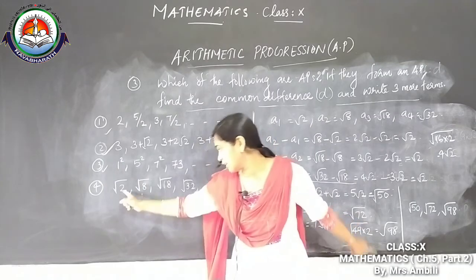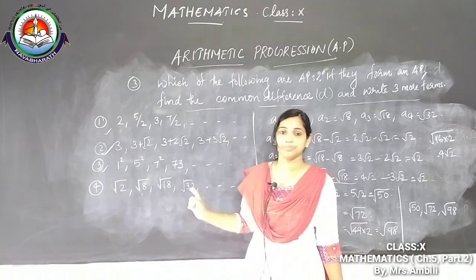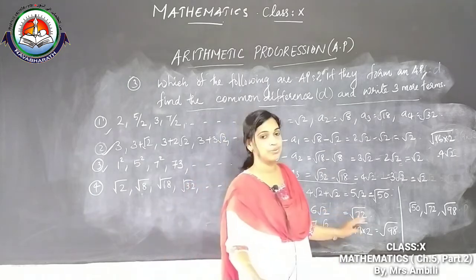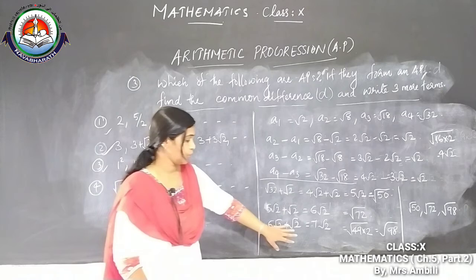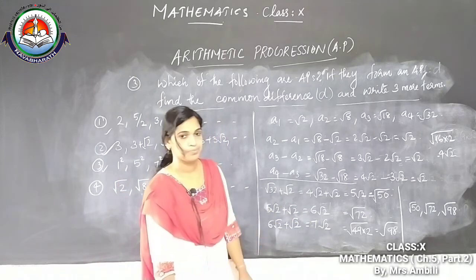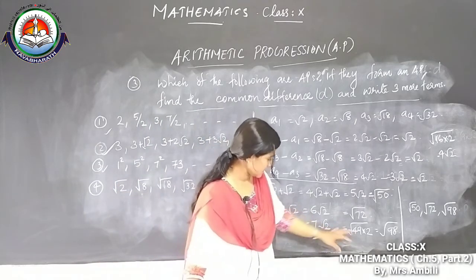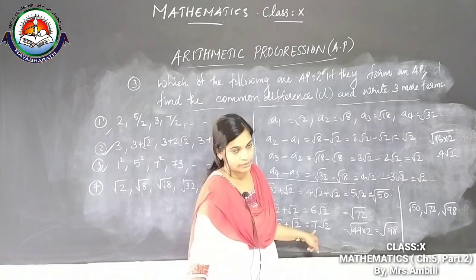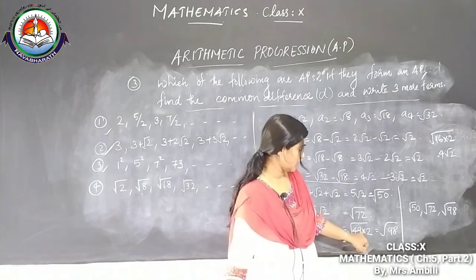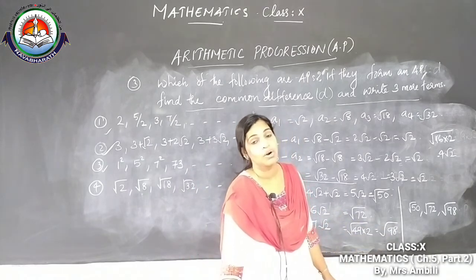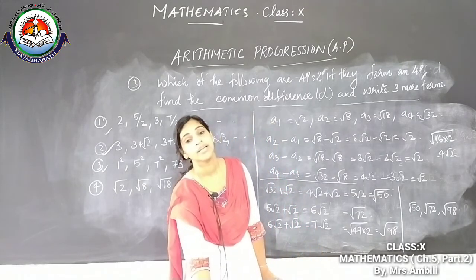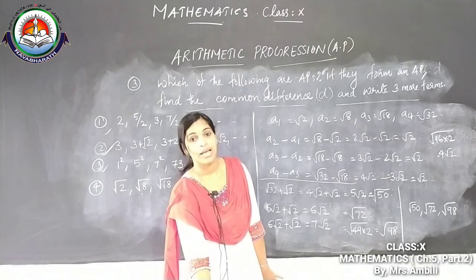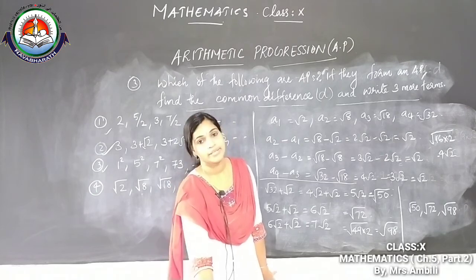Every term is in square root, so we changed into root only. 6 root 2 plus root 2 is 7 root 2. 7 is root 49, so root 49 into 2 is root 98. Now we got the 3 terms: root 50, root 72 and root 98.